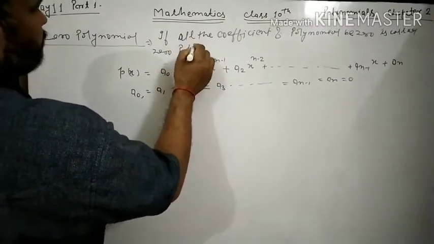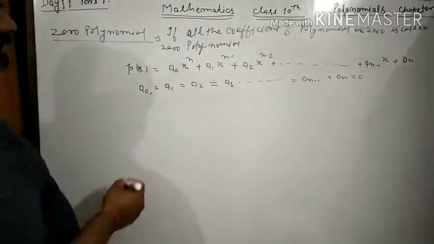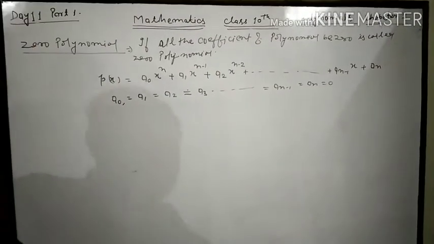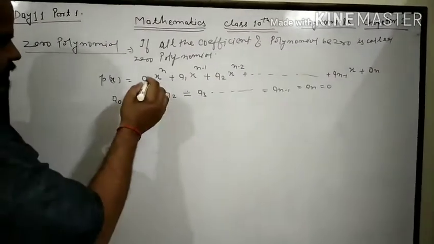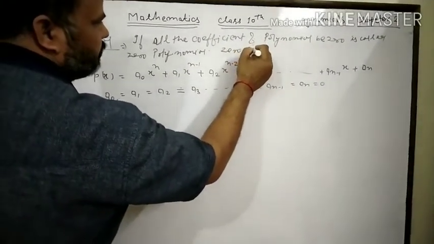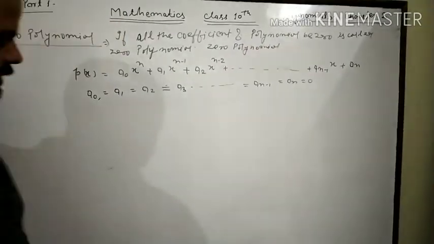In this way you can define the zero polynomial. The zero polynomial is denoted by 0.